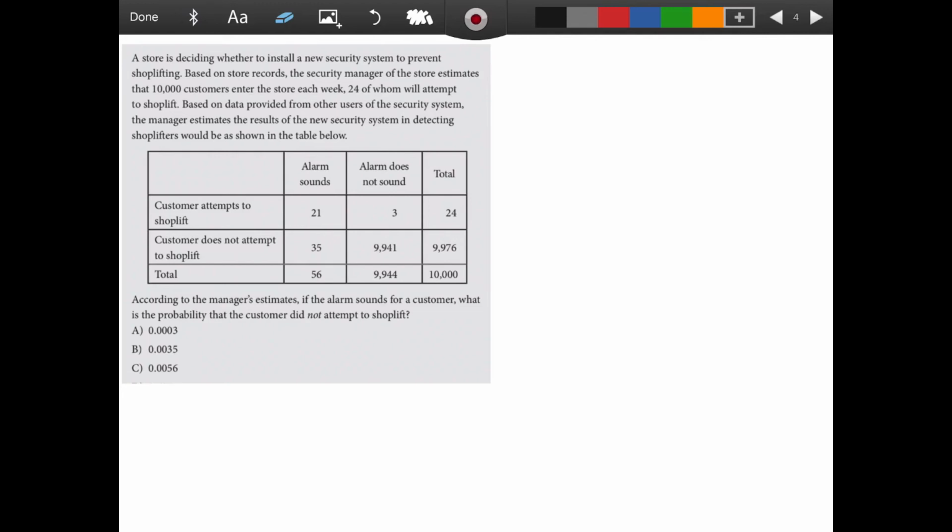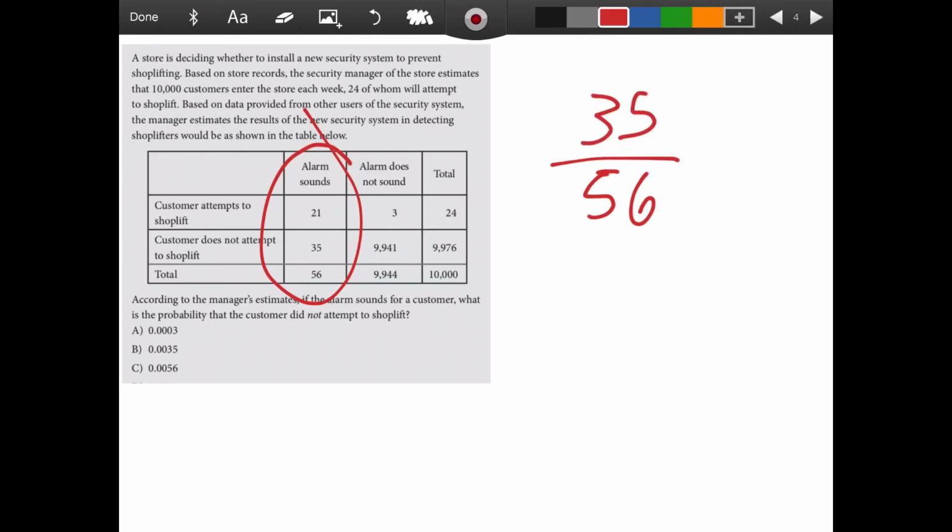Now, out of the time that the alarm sounds, there are 56 total times or attempts. And out of these times, 35 did not attempt to shoplift. So we're going to create a ratio, 35 over 56, and that's going to be equal to 0.625.